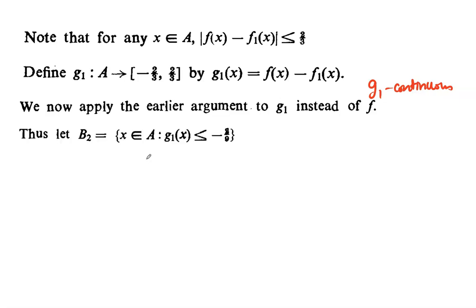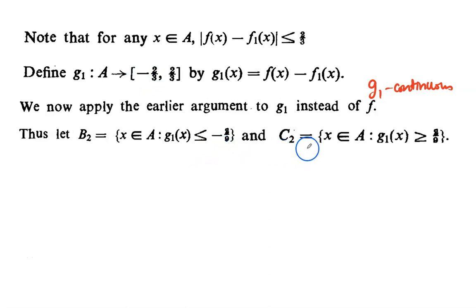We will be defining two closed sets, say B2 and C2, using the following definitions. B2 is defined as the collection of all x element of A for which g1(x) is less than or equal to 1/3 of this number, that is -2/9.